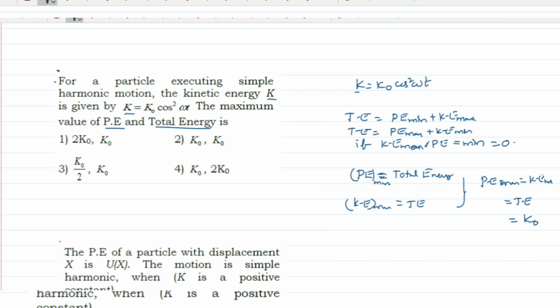So in both the cases we get K naught, and K naught is the correct answer.